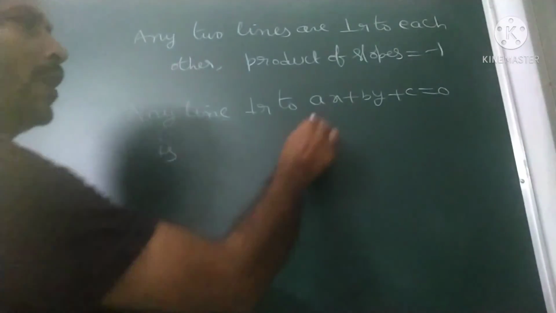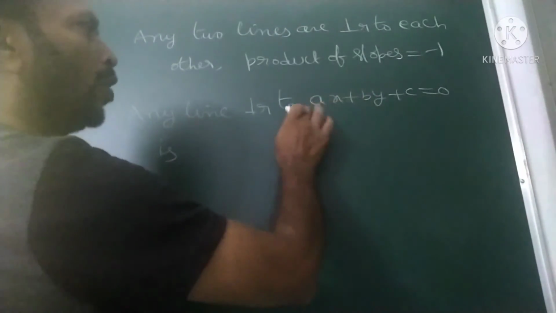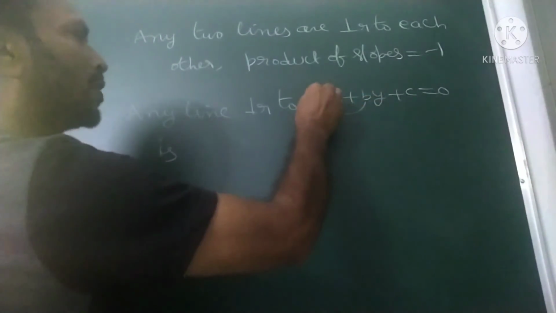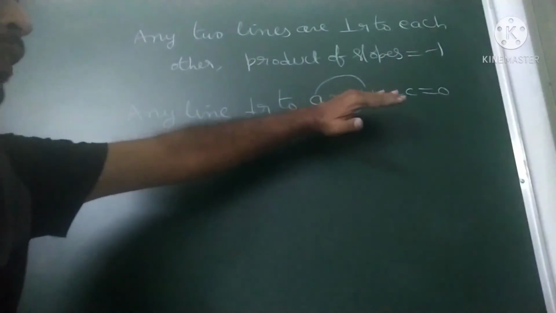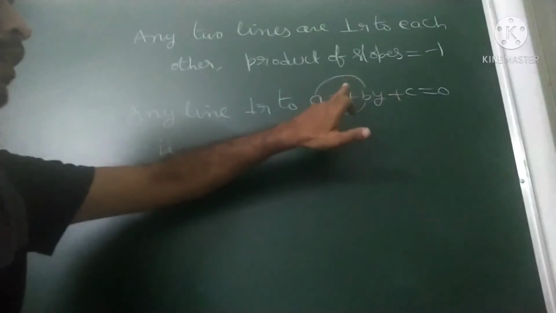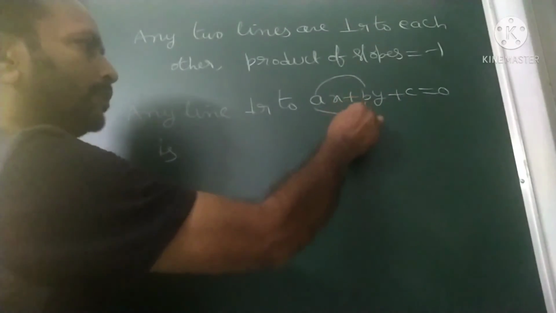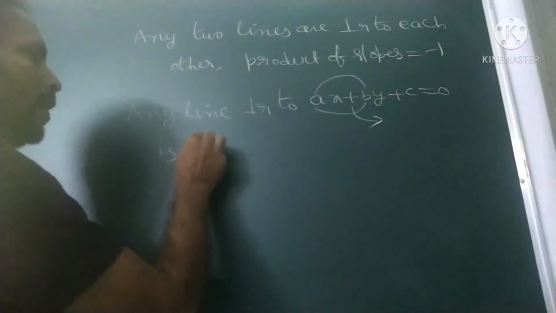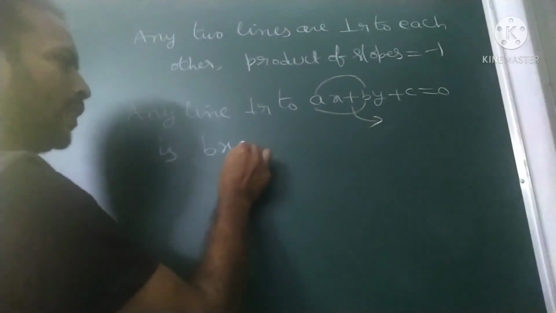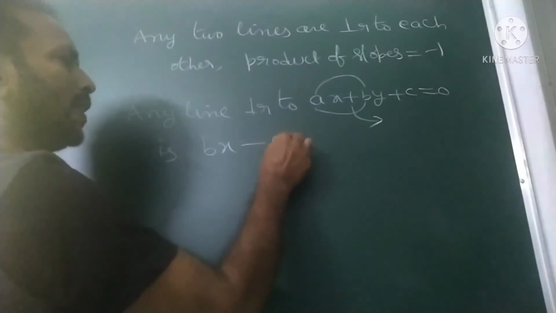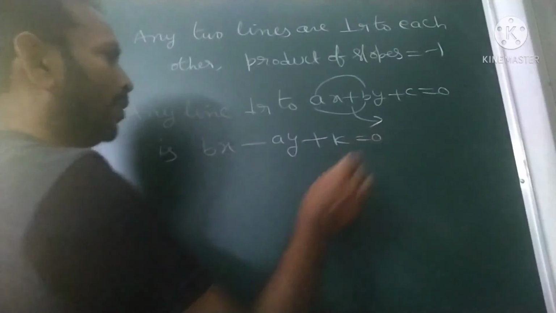Before, for parallel, I said take the same up to here. But now in this case, the coefficients change. Any line perpendicular to this line required means these two coefficients interchange, and the symbol also changes. See, bx, b right here, plus is there, take minus ay plus k is equal to 0.